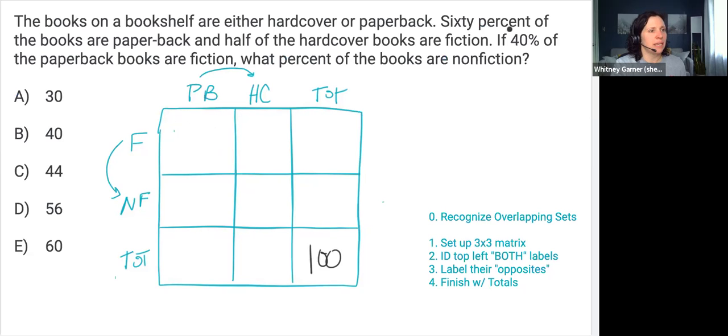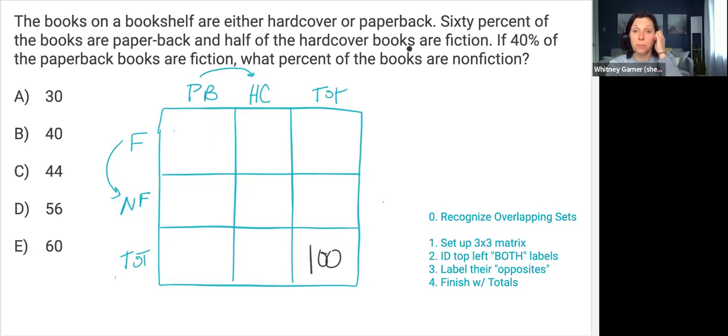The first thing they tell me is 60% of the books are paperback and half of the hardcover books are fiction. Okay.